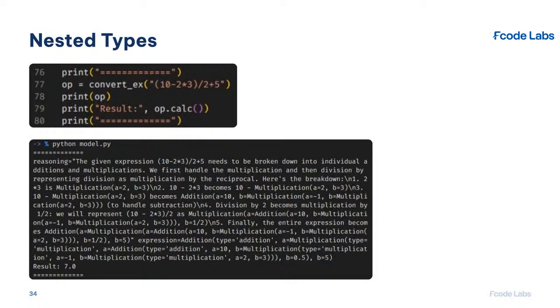Now we send a subtraction and division operation. Previously, even in the examples, we didn't introduce subtraction and division. But if we give an expression like this that has divisions and subtraction, it's going to correctly reason what happened, and it has given the correct object representation also, and the output is also correct, which is 7.